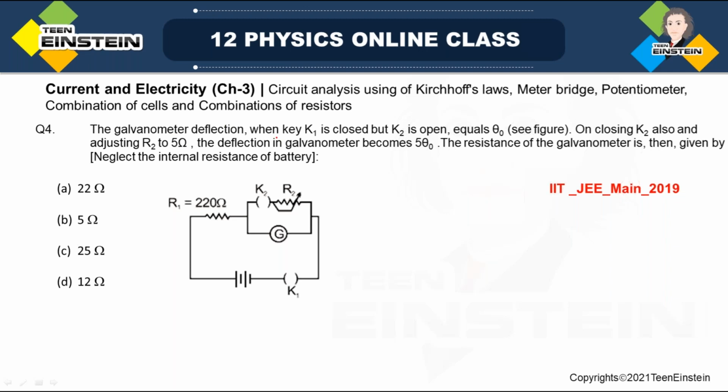See, let us say the current flowing is Ig. In the first case, the current is Ig flowing through this resistor.